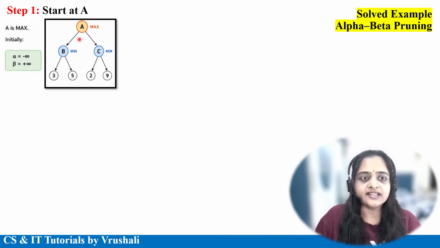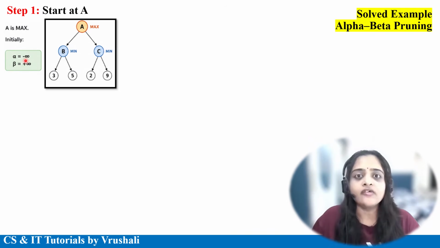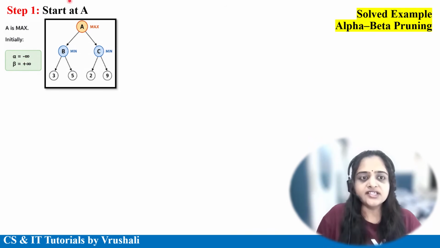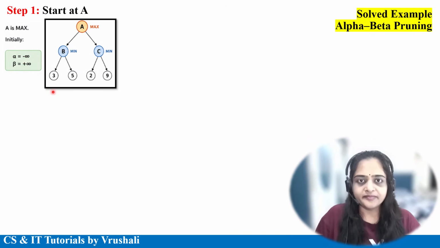Alpha always takes the value from the left subtree. Okay. Beta's initial value is positive infinity. Beta always takes the value from the right subtree. Got it? So infinity indicates that currently no node is explored or visited. Right? So this is the initial state.